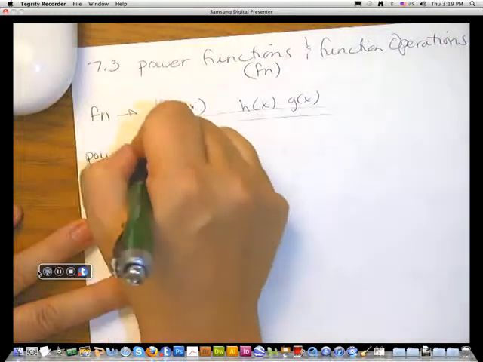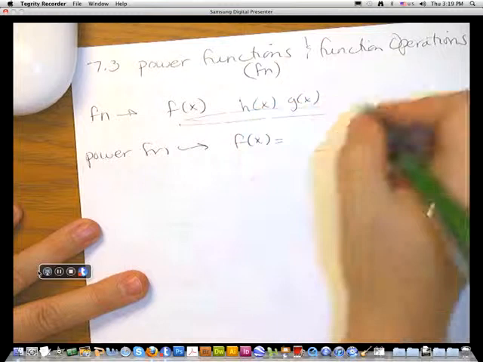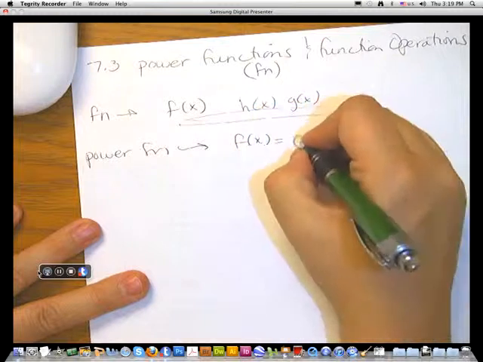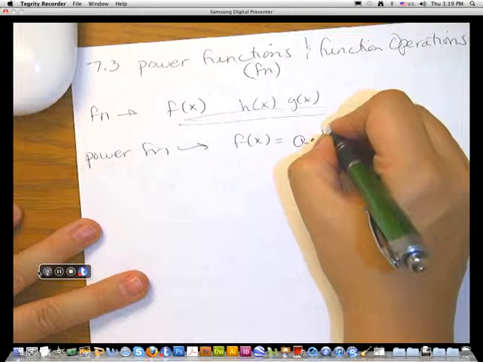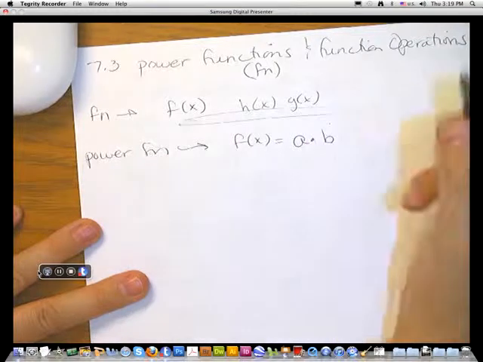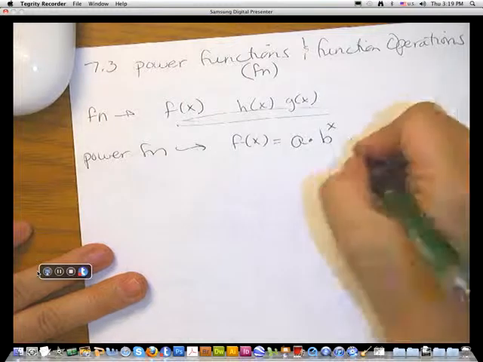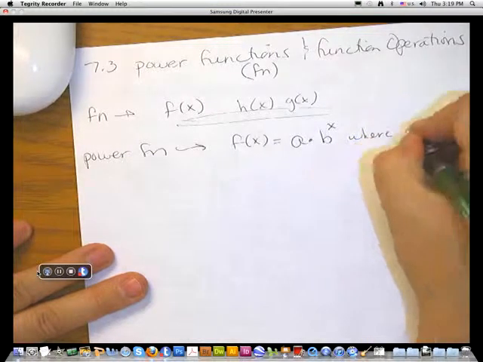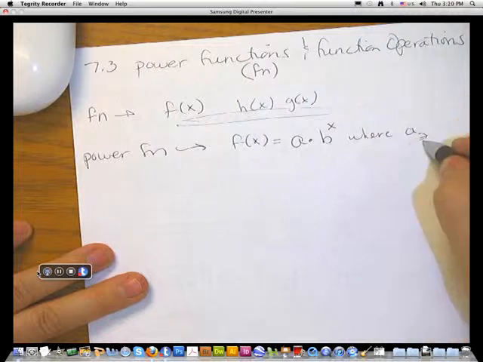So a power function is a function that has some coefficient times a base exponent. Where a is an element of, that just means it belongs to it.